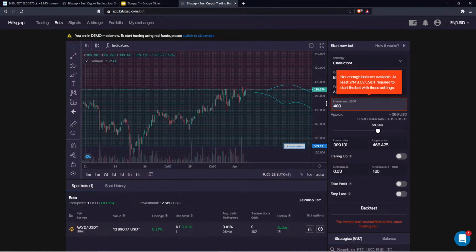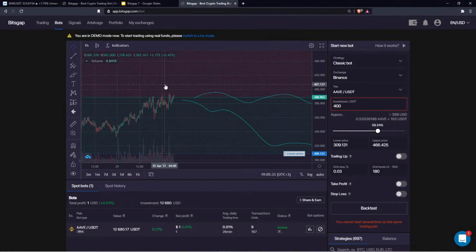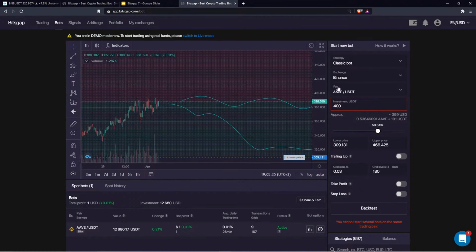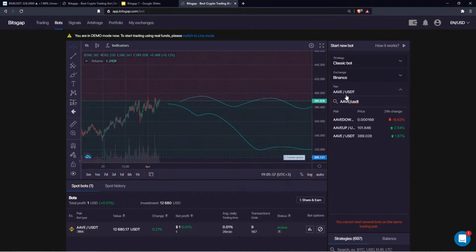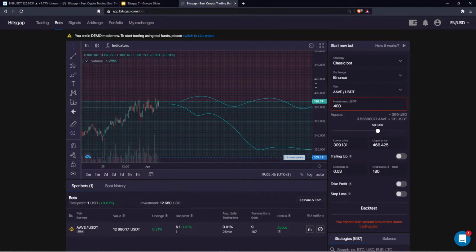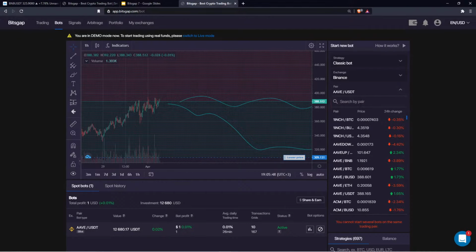This also depends on the crypto that you choose, because the volatility is different depending on the crypto. You can say that one coin moves 5% intraday up or down. You can see another crypto, maybe a random one, let's say BitTorrent, and BitTorrent moves 10% intraday.